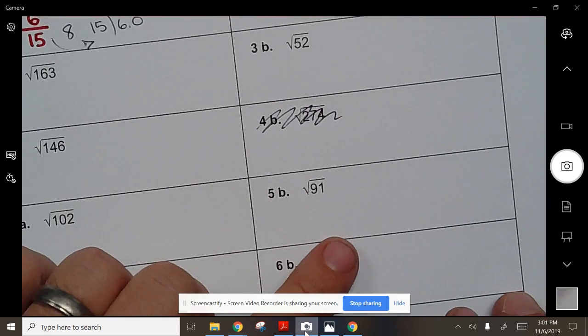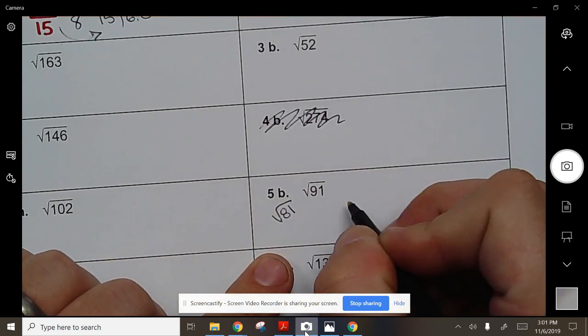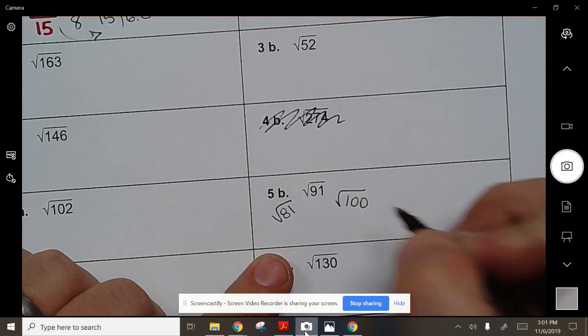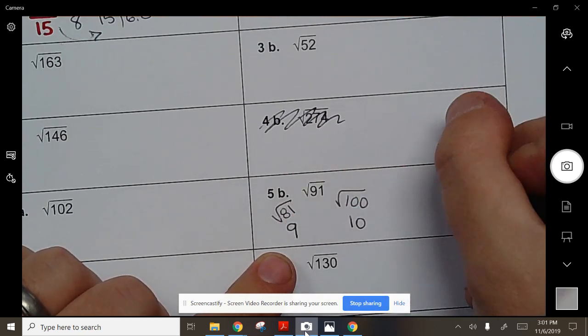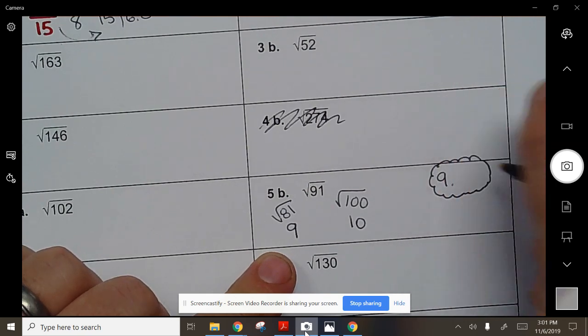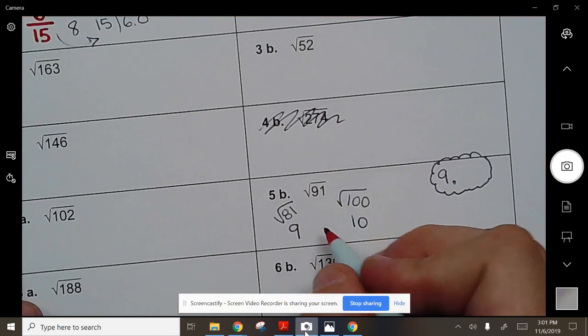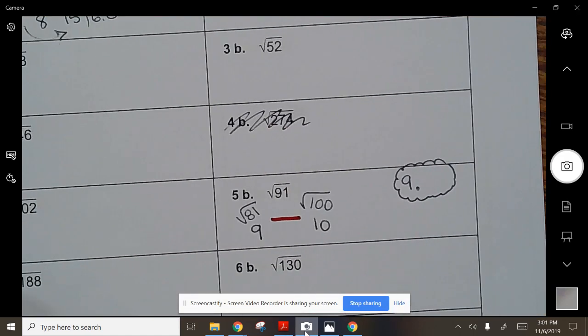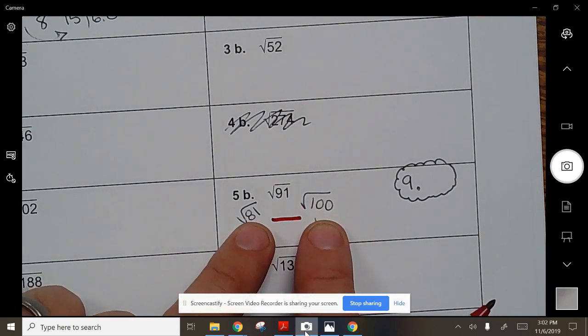Let's do 91. First step, find the two perfect squares that are closest to it. I'm good with 9 and 10, so my answer is going to be 9 point something. Then I'm going to figure out my fraction. Again, I have to find the difference of my two outside perfect squares.